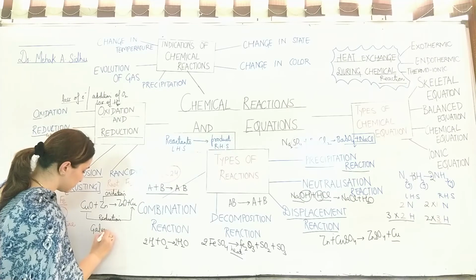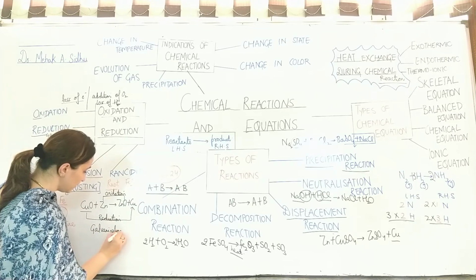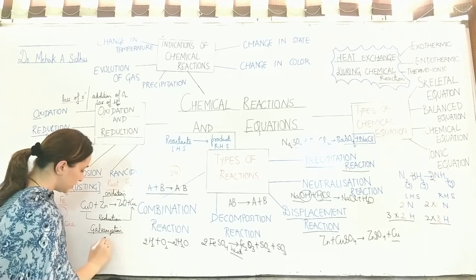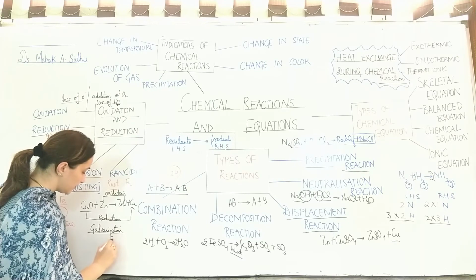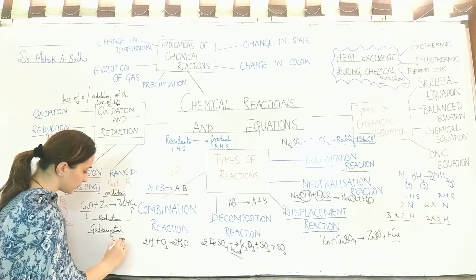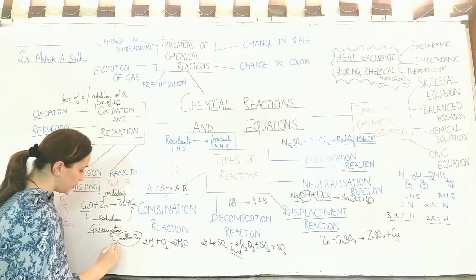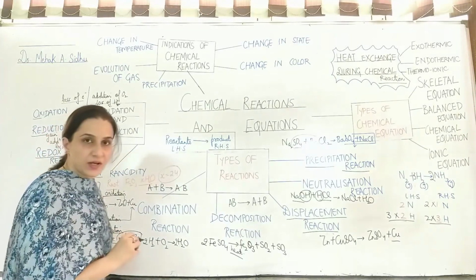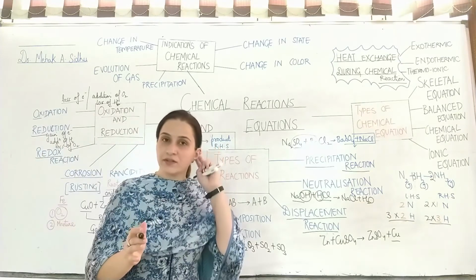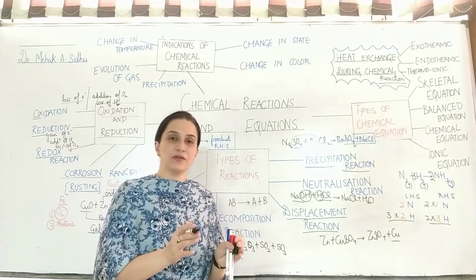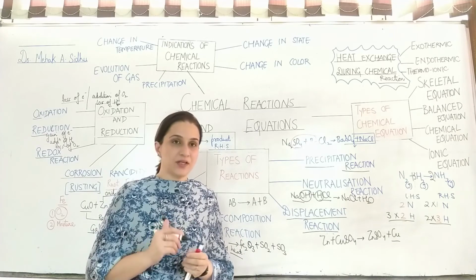In the galvanization process, iron articles are dipped into molten zinc, and the zinc layer gets deposited on the surface of iron, which prevents it from further rusting. So this technique is important.